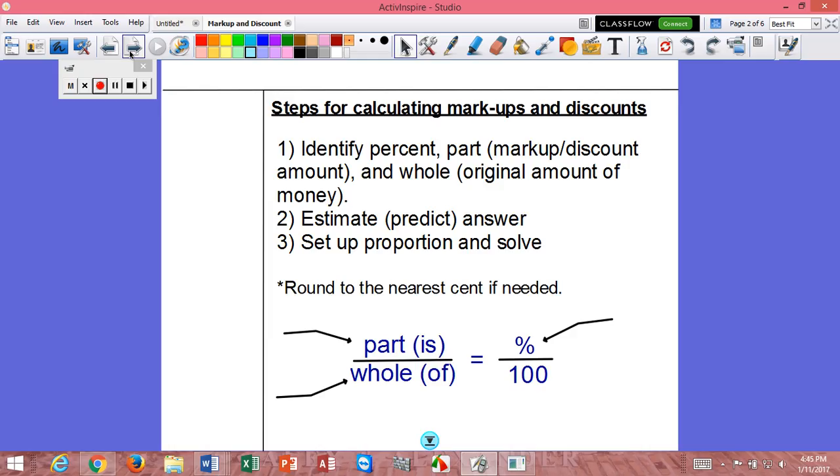Alright, so whenever we are working with markup and discount, we are still going to use a proportion. So we want to make sure we identify the percent, the part, and the whole, and one of those will be missing. So go ahead and label on your proportion. The percent, that's going to be the percent markup or discount.